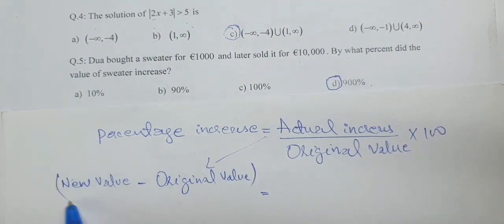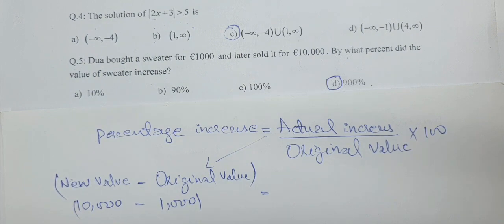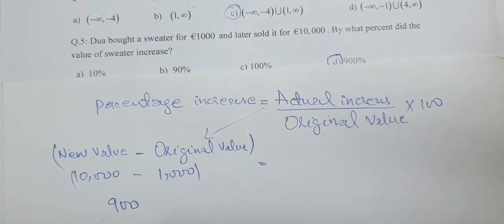So that would be the actual increase: 10,000 minus 1,000. That will give you 9,000.